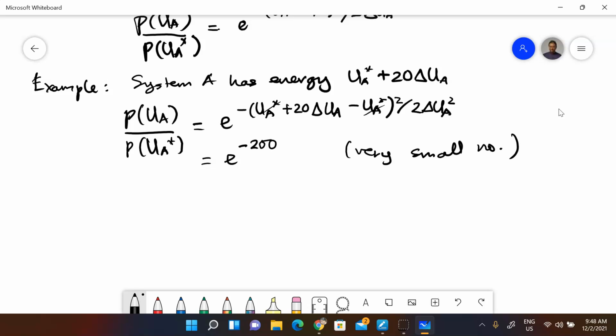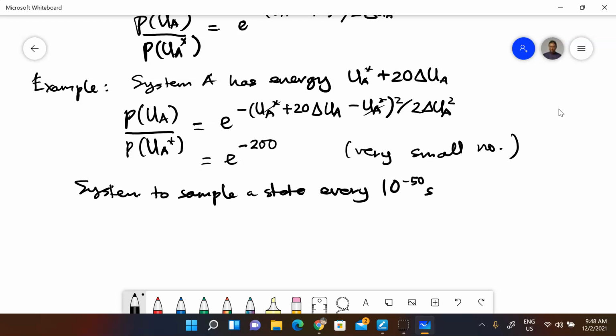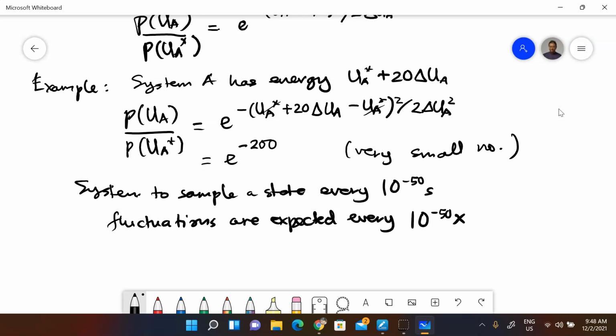If you consider a system to sample state every, say, 10 to the minus 50 seconds, which is almost instantaneous, the fluctuations that one should think of here are expected around every 10 to the minus 50 multiplied by that factor of exponential of minus 200.